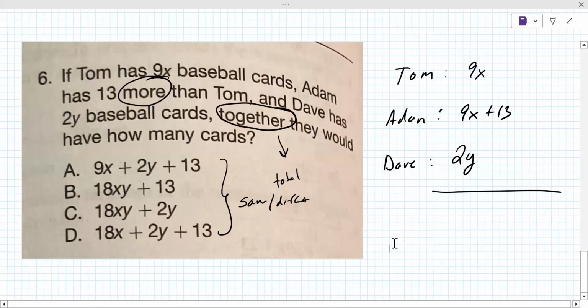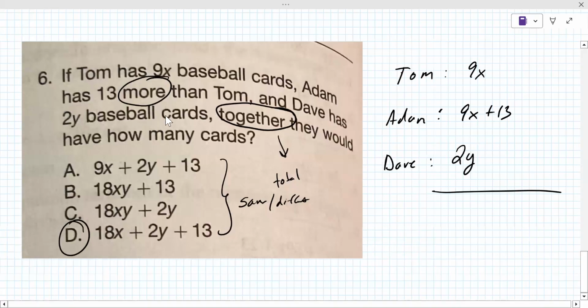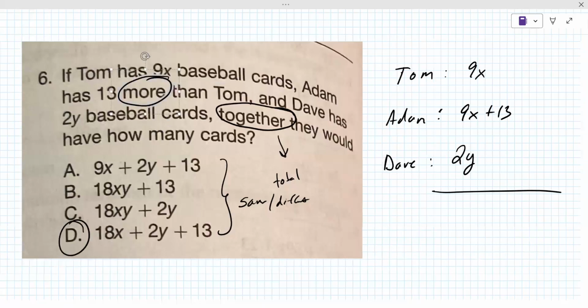So it'd be D. It is D. These are good questions, and these are not really the hard algebra. They're more of a scenario to see if you know how to combine like terms, because that's really what this problem is.